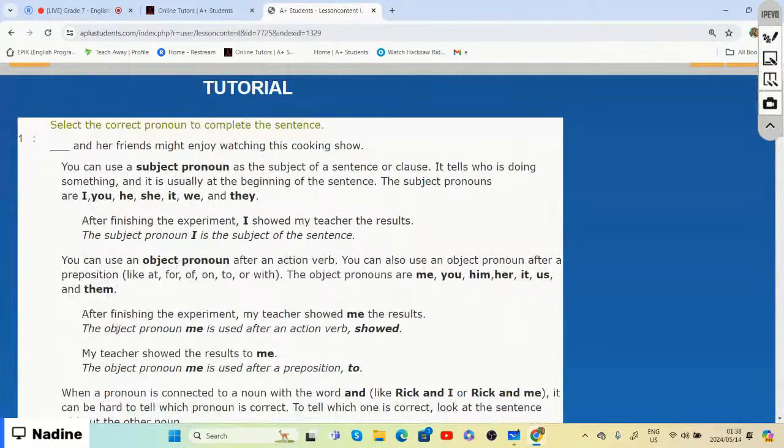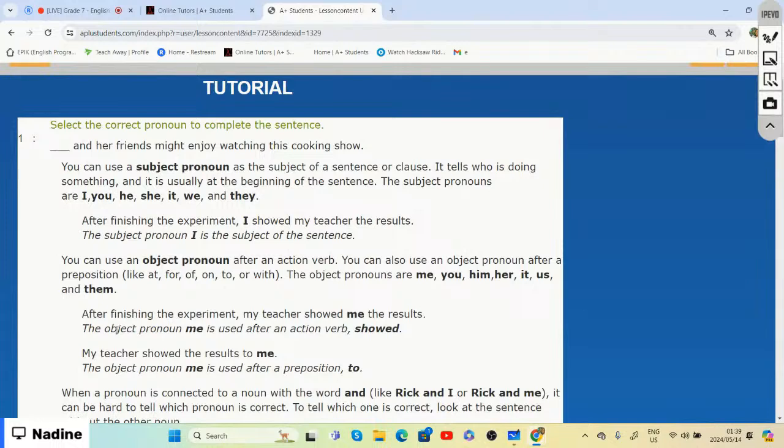And a subject pronoun is usually at the beginning of the sentence, and it is words such as I, you, he, she, it, we, and they, right? It doesn't have to be I alone. Because it shows that you are doing something. It tells us who is doing something, right? It is either I, you, he, she, it, we, or they, and it's usually at the beginning of a sentence.